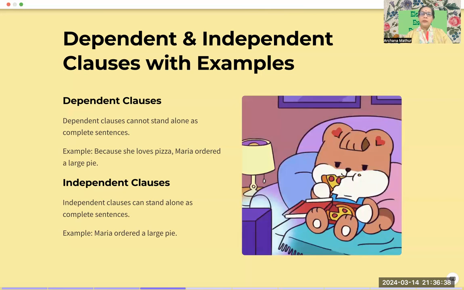So because she loves pizza is a clause, but it is dependent. It does not make complete sense. Whereas Maria ordered a large pie makes a complete statement. So Maria ordered a large pie is an independent clause, whereas because she loves pizza is a dependent clause. I hope I made it clear.